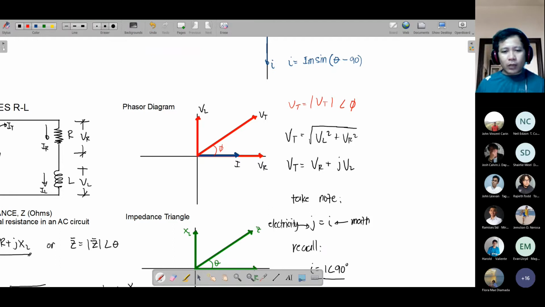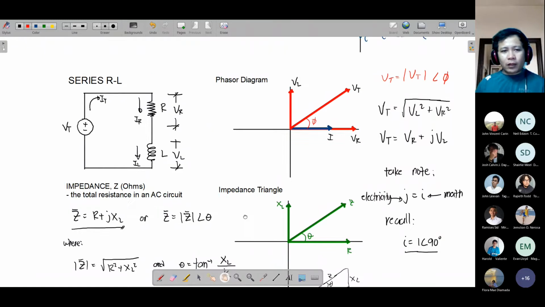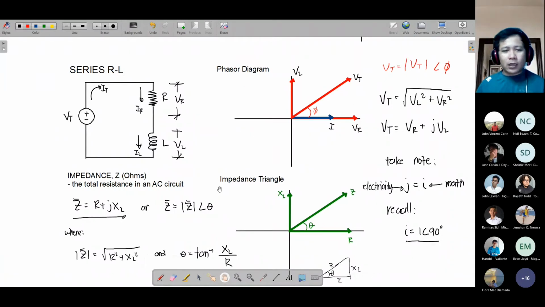Okay? Sir, how about the current? We have the resistance behavior and the voltage behavior. How about the current? Now take note, this is series. The characteristic of current for series, if you can recall, is that the current is equal for both. Therefore, there is no specific characteristic here because they both have equal current. The current in your resistance is equal to the current in your inductor.